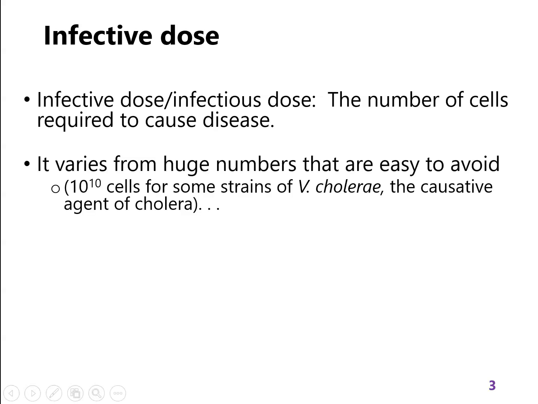And in some cases, that number could be huge and really easy to avoid. So some of the weaker strains of Vibrio cholerae that cause cholera, you would be safe unless you consumed, let me think, that is 10 billion cells. And it's easy to avoid that if you have clean drinking water or any ability to treat your drinking water.